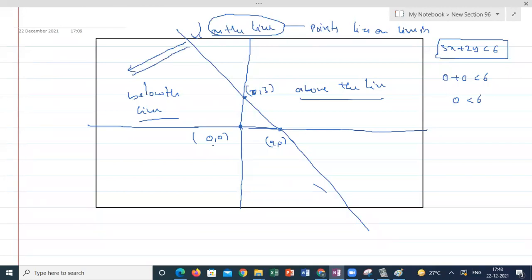These arrow marks should not touch the straight line. That means if it is not touching the straight line, this is the solution set for 3x plus 2y less than 6.